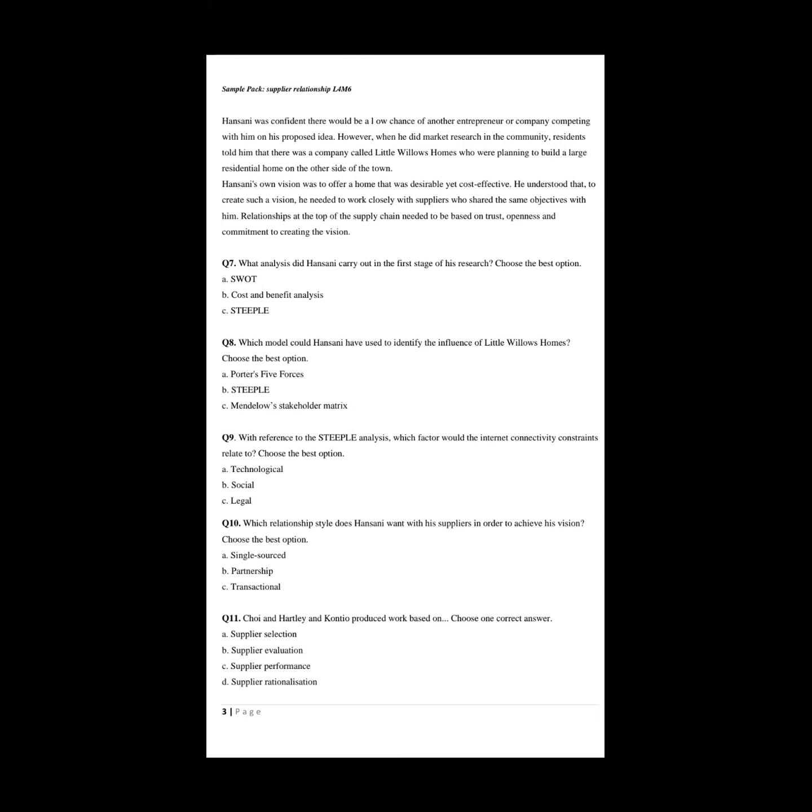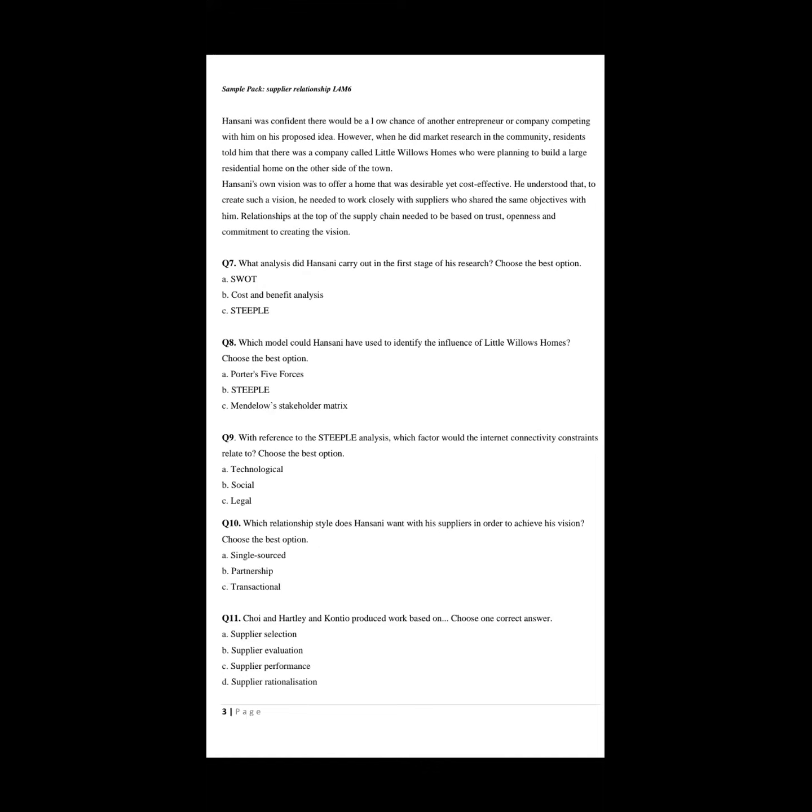He understood that to create such a vision, he needed to work closely with suppliers who shared the same objectives with him. Relationships at the top of the supply chain needed to be based on trust, openness, and commitment to creating the vision.